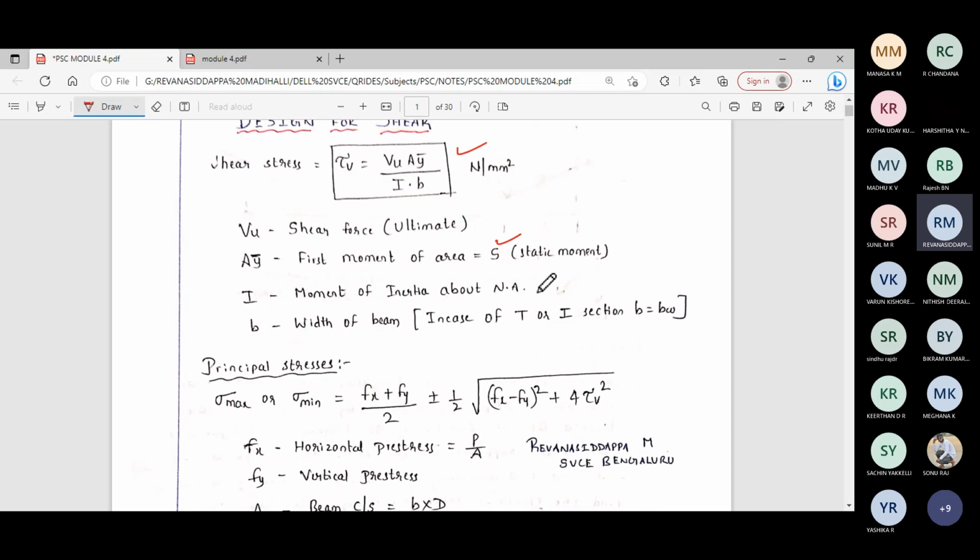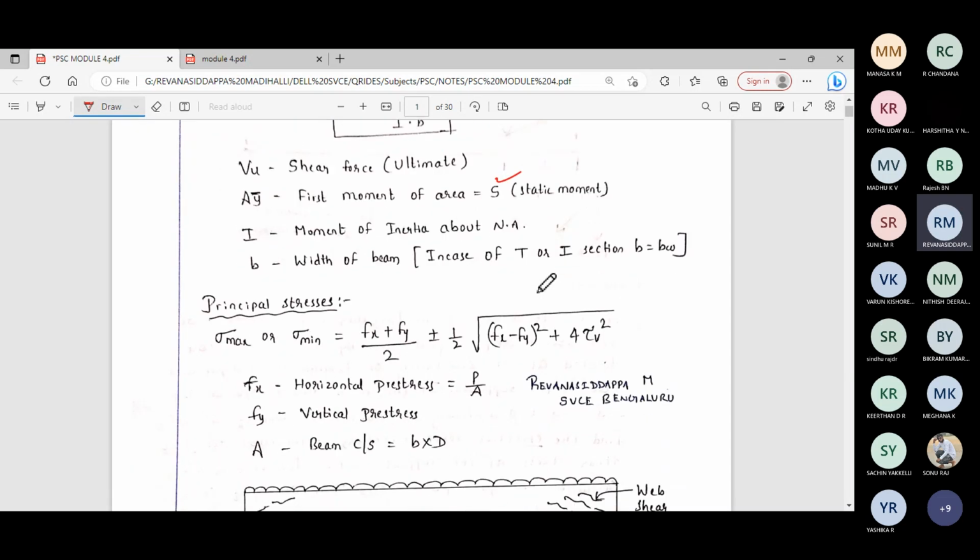In the problem it will also be asked to find the principal stresses. These formulae you have derived and are very well versed with in your strength of materials. If the principal stresses are asked, you need to utilize this formula: (fx plus fy) divided by 2 plus or minus half root of (fx minus fy) whole square plus 4 tau v square.